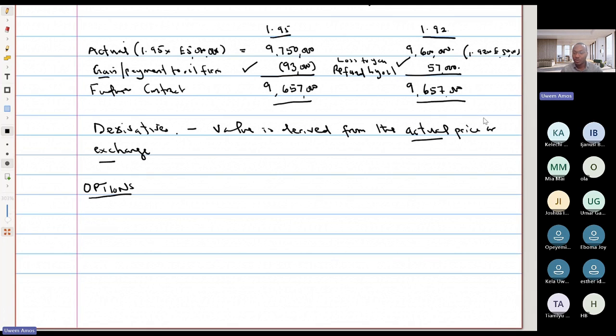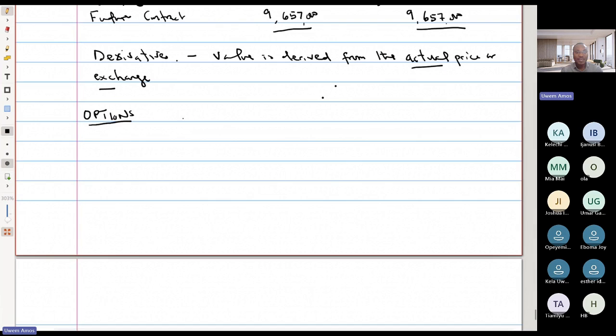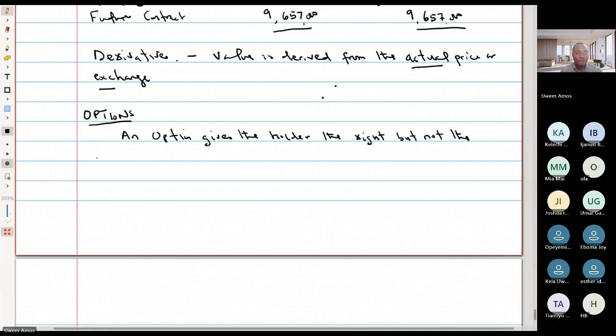So basically, an option gives the holder the right, but not the obligation, to buy or sell an item.